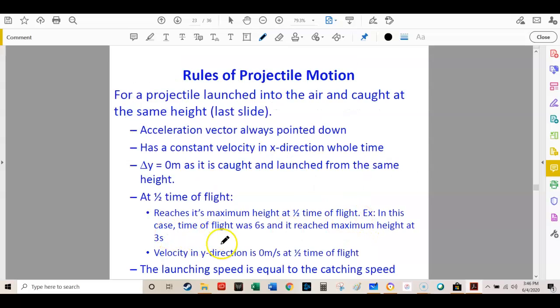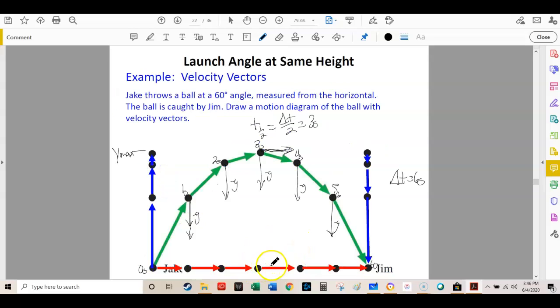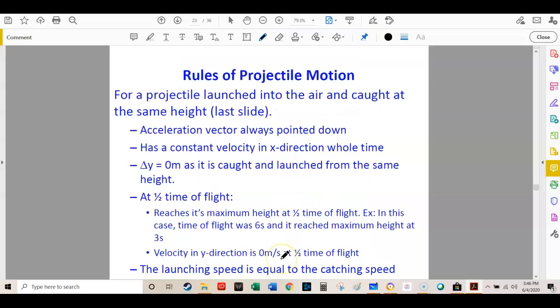So at that halftime of flight, the velocity in the y direction is 0. It's only got a velocity in the x direction at that point, which is just the constant velocity the whole time. So this speed right here is this speed at that point right there.